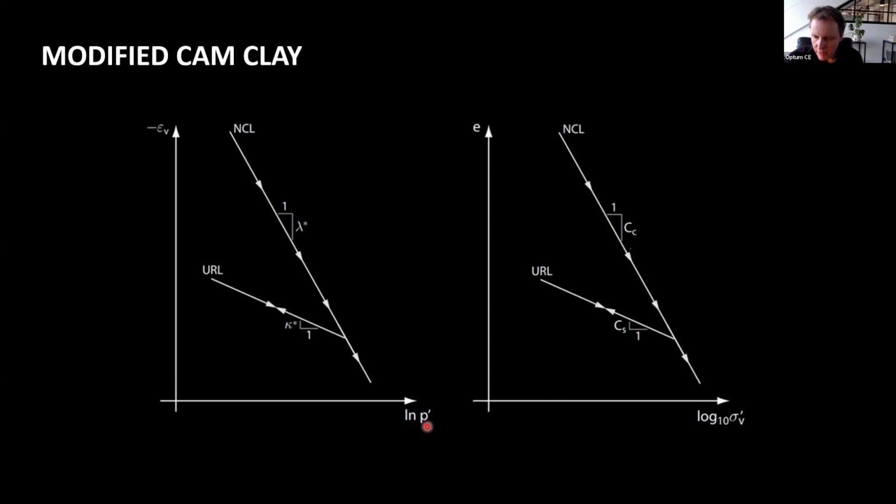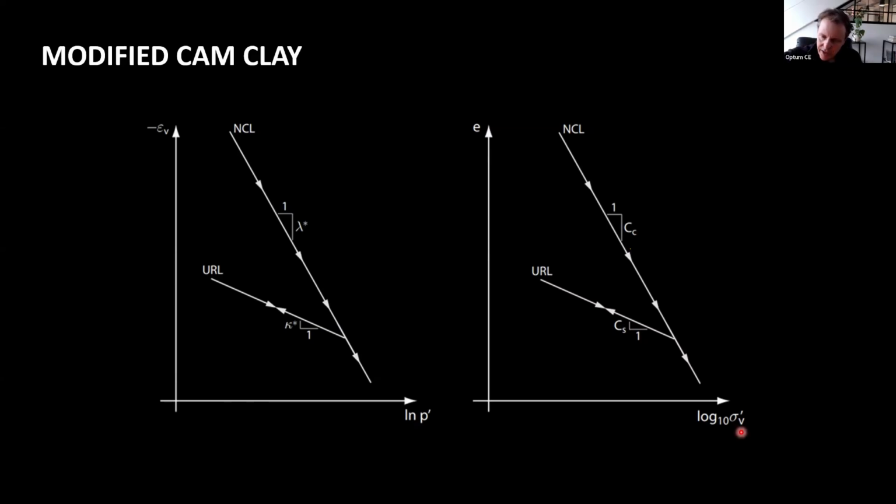That's an easy conversion. But in CAM-clay, this relation is formulated with respect to the mean effective stress, whereas classically in odometer tests we make reference to the vertical stress. And it's not so clear in an odometer test what the relation between the mean stress and the vertical stress is.